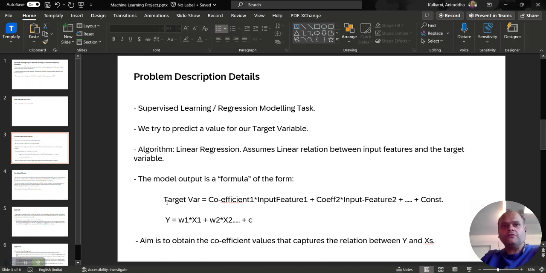The formula for a linear regression looks something like this. Coefficient 1 times input feature 1 plus coefficient 2 times input feature 2, and so on, and some constant term.